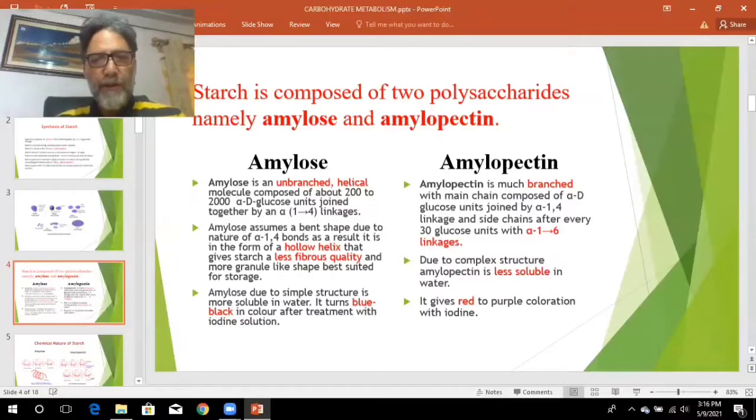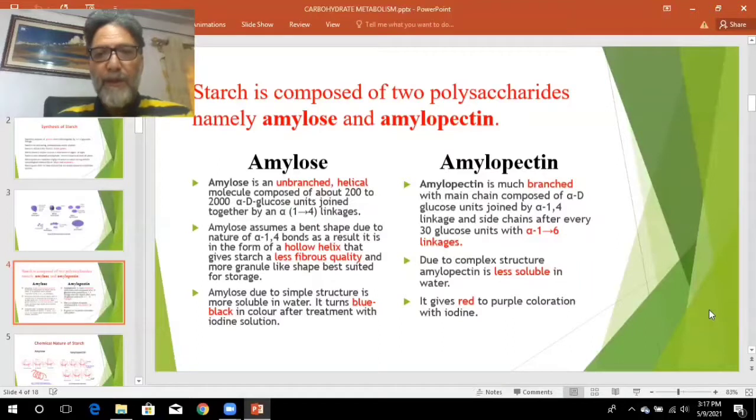So it is their chemical nature which makes it a less fibrous material suited for storage. And this amylose, due to its simple structure, is more soluble in water. It turns blue black in color after treatment with iodine solution. If you have to identify whether a material contains starch, you add iodine, and because of its chemical nature, it turns blue black on addition of dilute iodine.